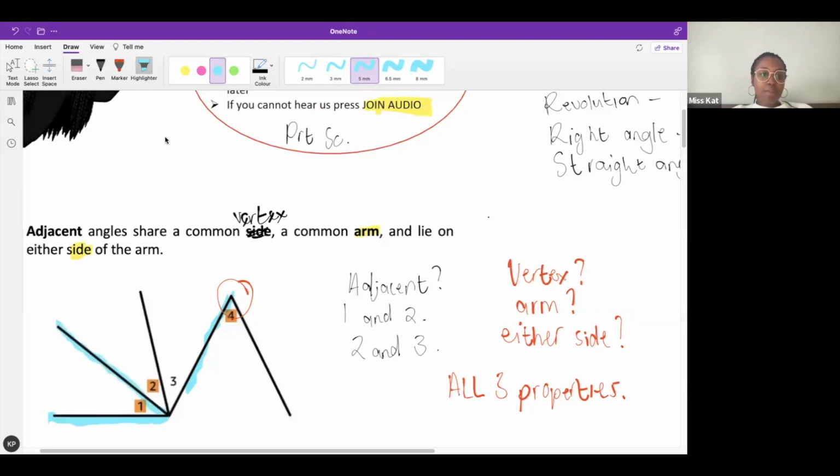Those are the two lines for number 1. Then number 3's arms lie over there and there. So they do share a vertex, but they don't share an arm. There are no arms overlapping here. If I highlighted one of them with the same color, then we would say they share the same arm. Please tell me exactly where I lost you.